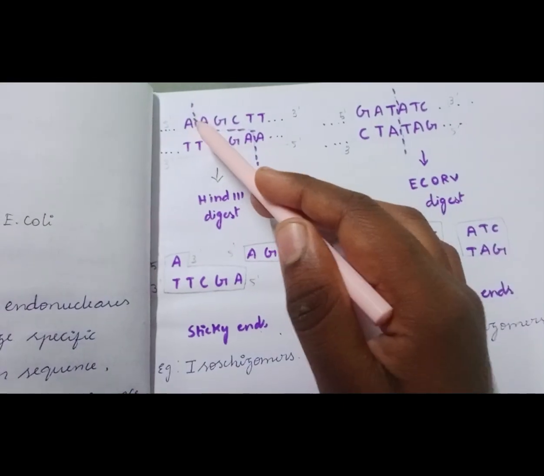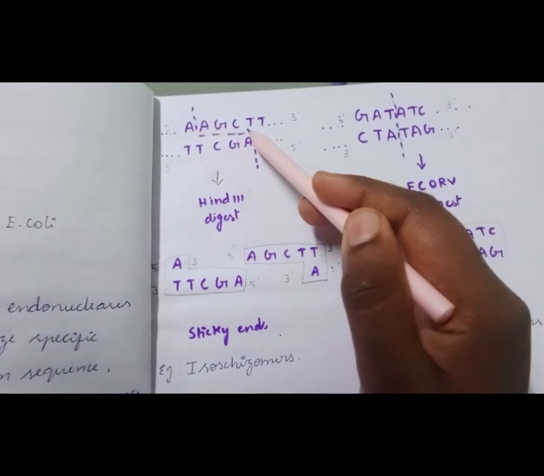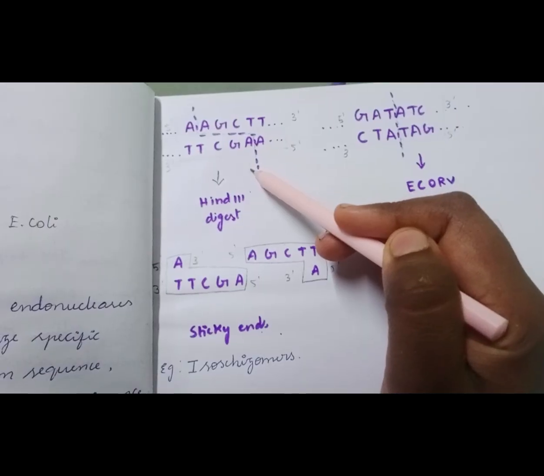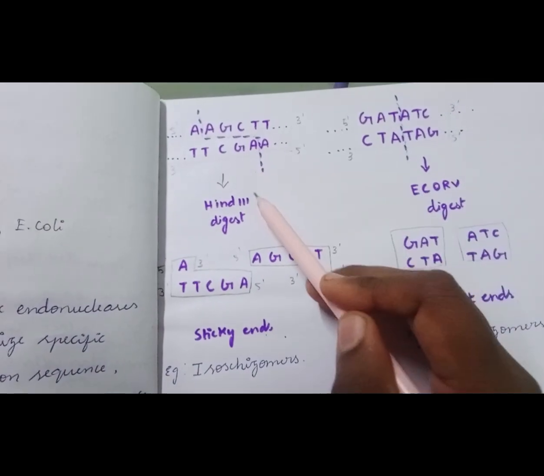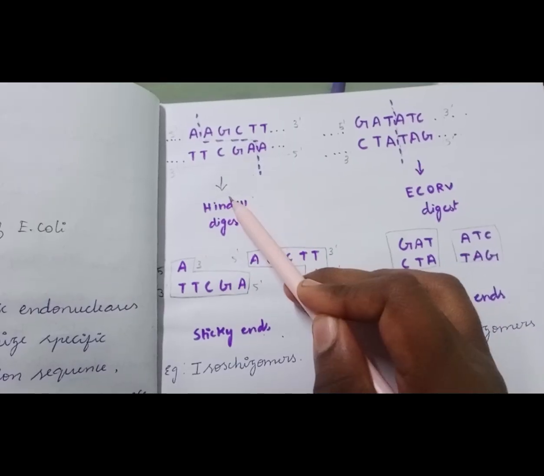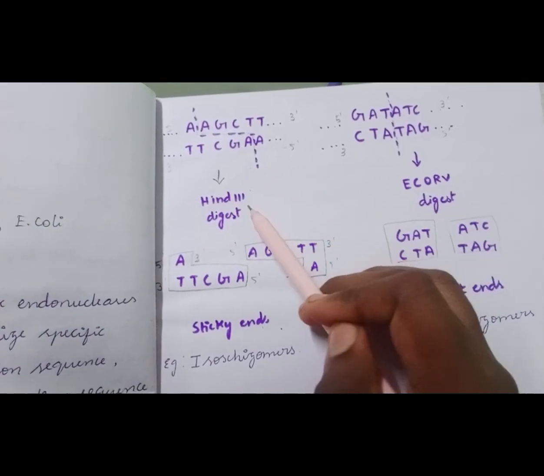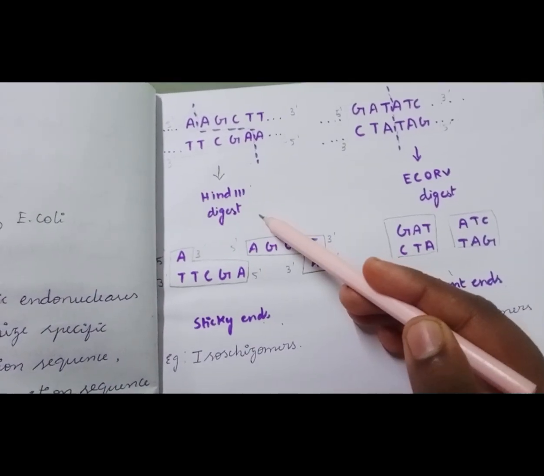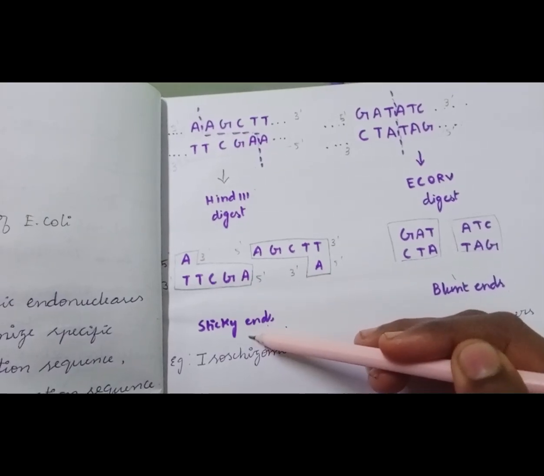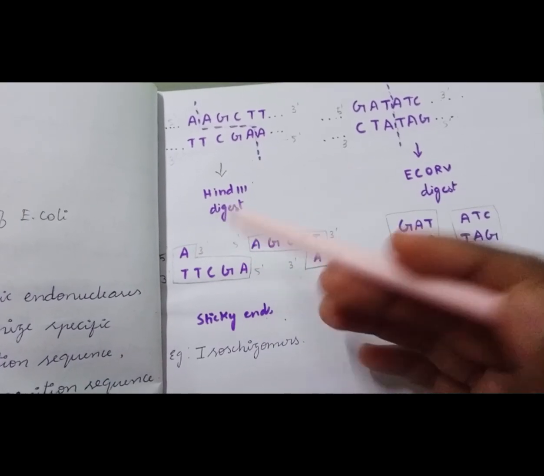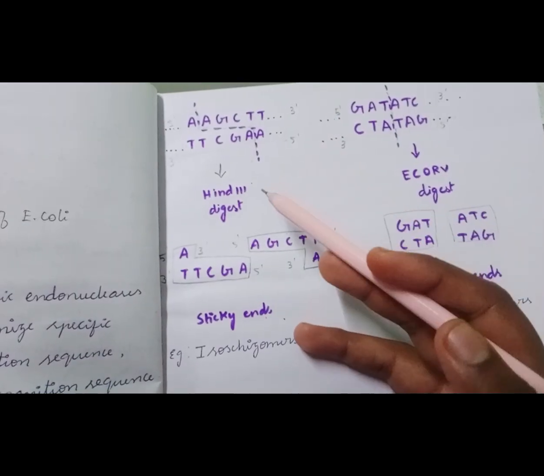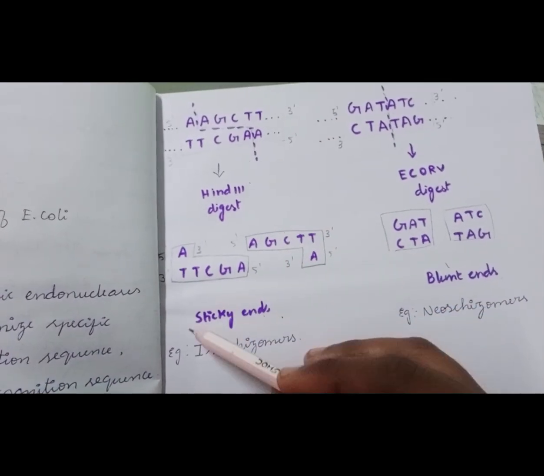On a DNA sequence, if I want to cleave a particular position, I apply a restriction enzyme such as HindIII. After cleavage, it results in sticky ends, cutting between the same two bases but away from the point of symmetry on the two strands.